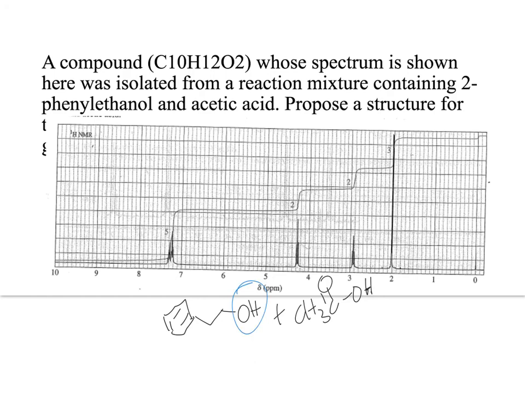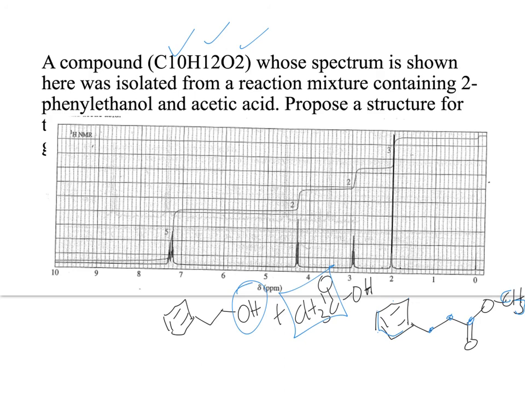This alcohol will combine with this acetyl group to make an ester. So this reaction is this. And so let's count the carbons. 1, 2, 3, 4, plus 6 is 10. H12, 1, 2, 3, 4, 5, 6, 7, 8, 9, 10, 11, 12, and 2 oxygen.